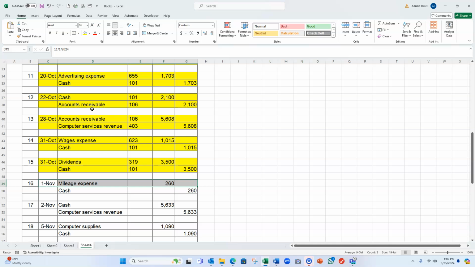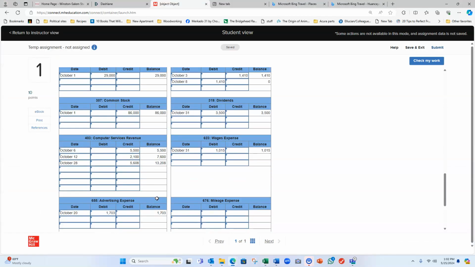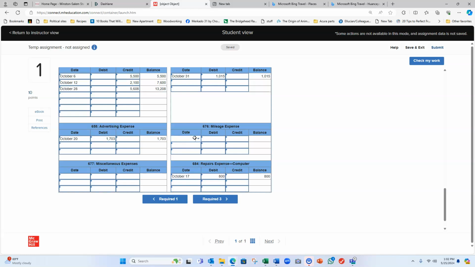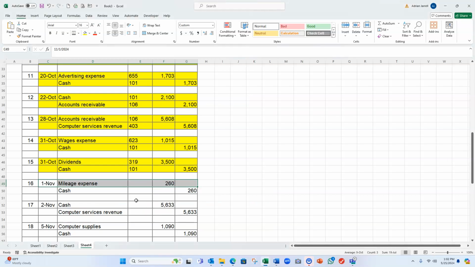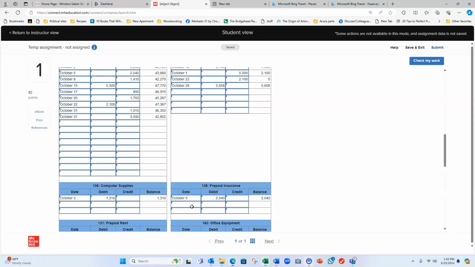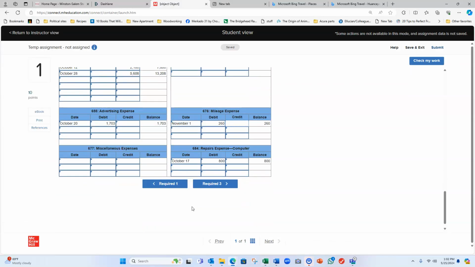Just take your time. Mileage expense on the 1st for $260. Credit cash. Oops. What was that account number? 676.